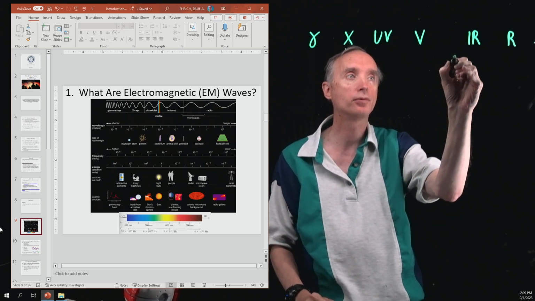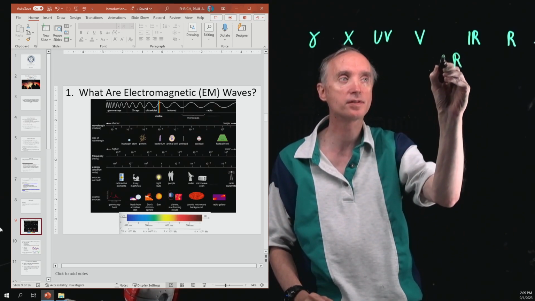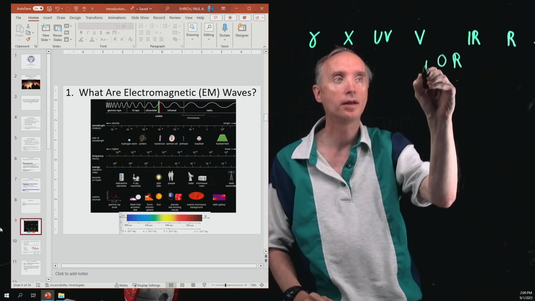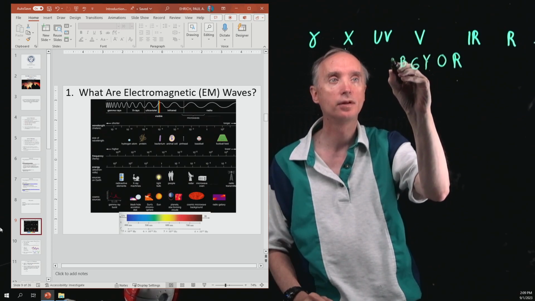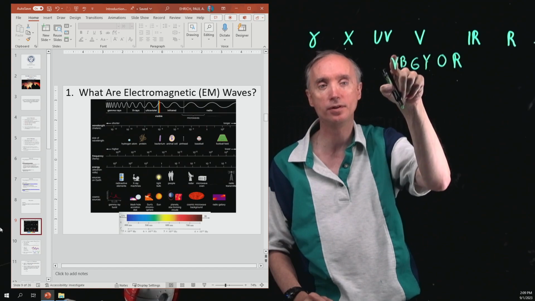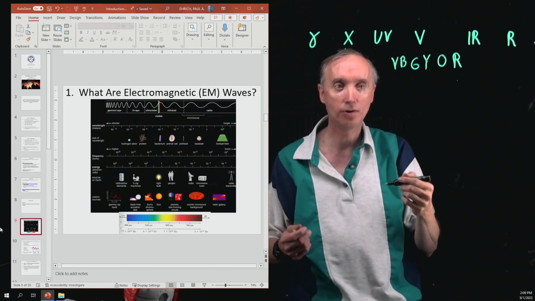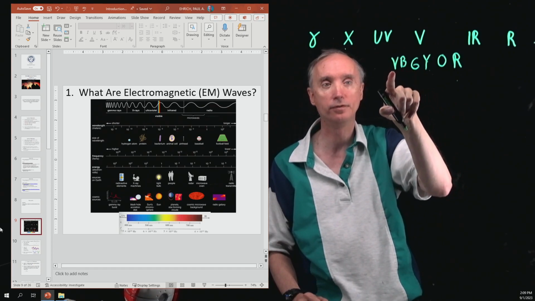So I'm going to put R over here. I'm going to say it's Roy, and then G, and then Biv. If you want to, you can put an I in between the V and the B for the indigo, but it's going to be red, orange, yellow, green, blue, and violet.